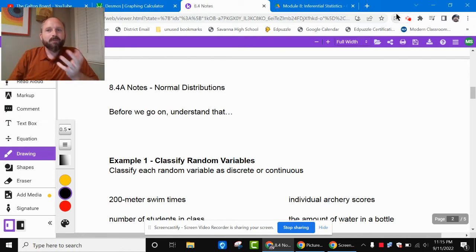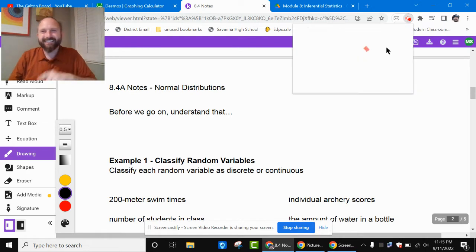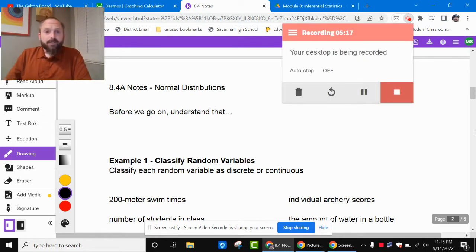So before we go on, we need to understand the probability, so let's write this down. The probability of each event happening must be between 0 and 1.